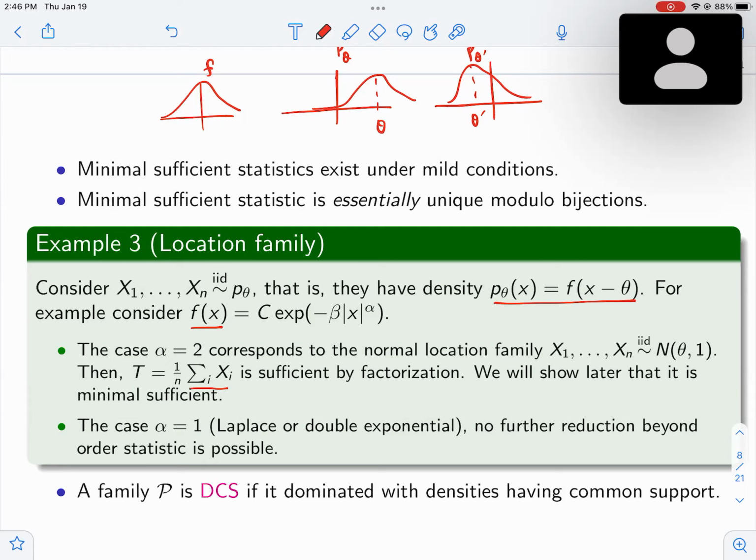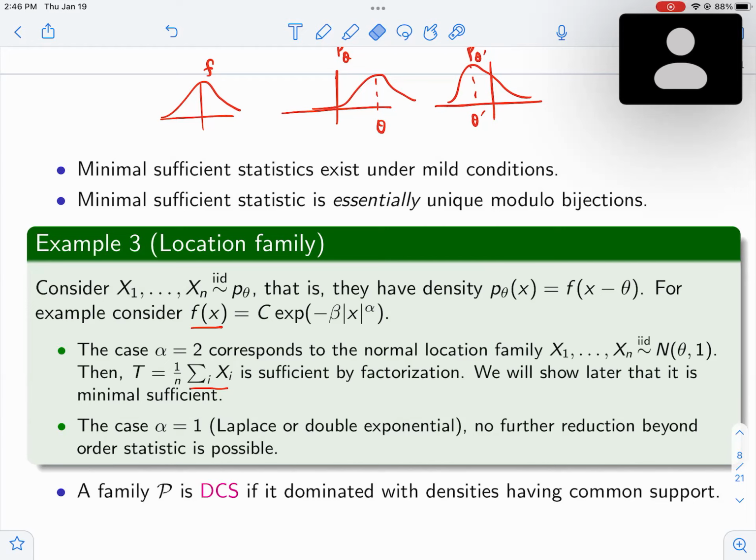For example, if you have a Gaussian location family with known variance, assuming that beta is fixed, alpha is also fixed. The only parameter is theta. So in that family, with alpha equal to 2, the normal location family, first by factorization, it's easy to see that this is minimal sufficient.